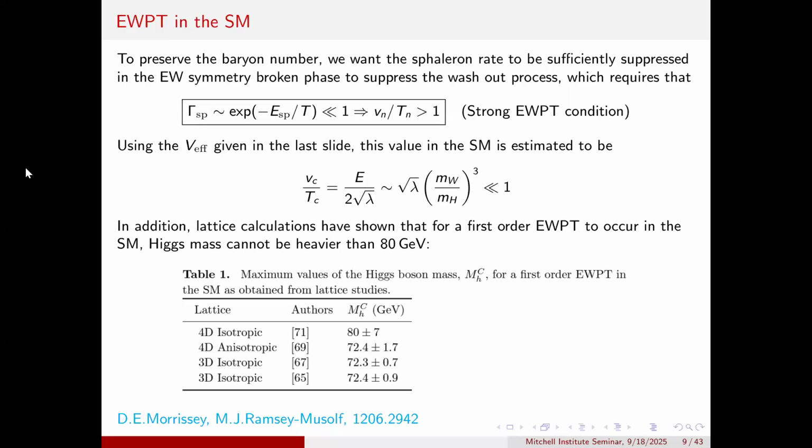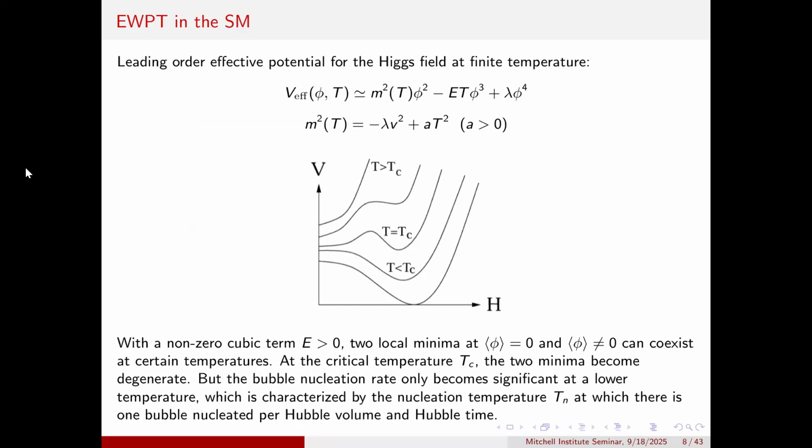So now we want to check, okay, something I forgot to mention is that our previous question of whether the standard model would provide us a first order phase transition, the answer is yes, based on a perturbative study, because we have a non-zero cubic term in the standard model.